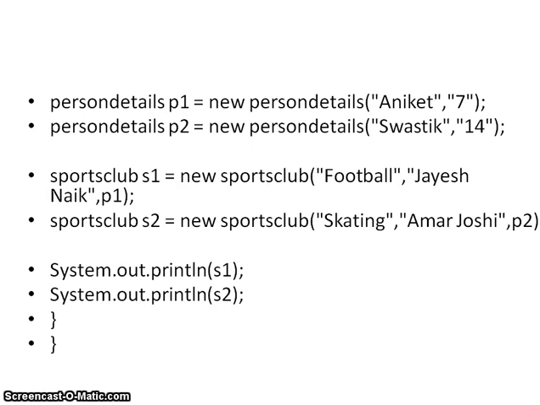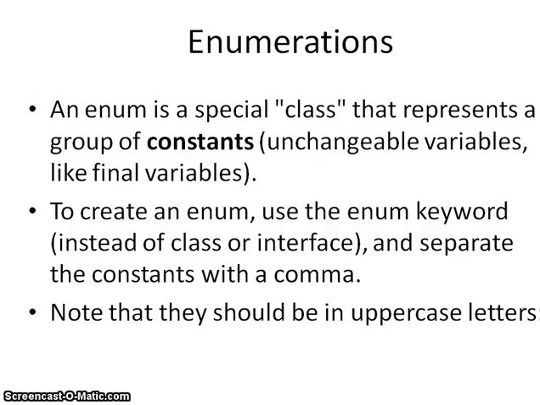What is the coach? Coach for which sports? Football. So this is the output of this. Let's do this program by yourself and see what composition is in Java. I hope you understood very well.